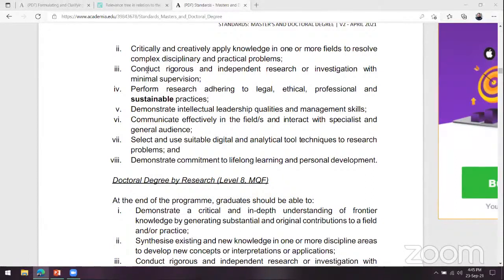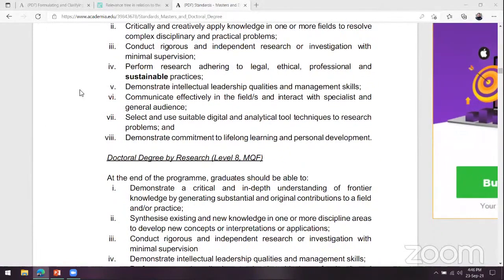After that, you also need to know that you have to conduct rigorous and independent research or investigation with minimal supervision. Remember, don't always think that you want to be spoon-fed by your supervisor. You have to know that that's already there, I mean, in the Malaysian context. Then perform research adhering to legal, ethical, professional, and sustainable practices.